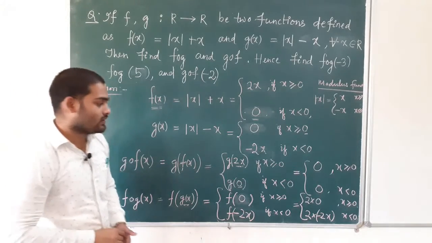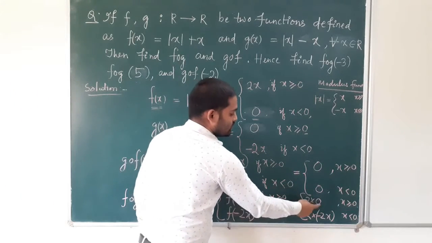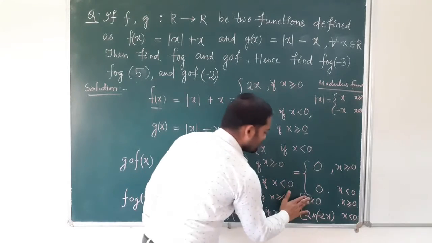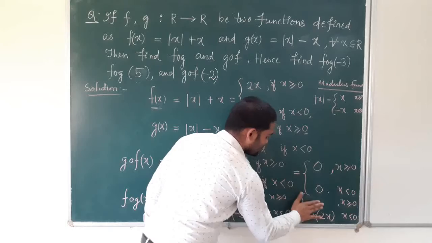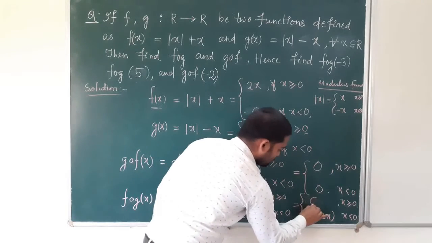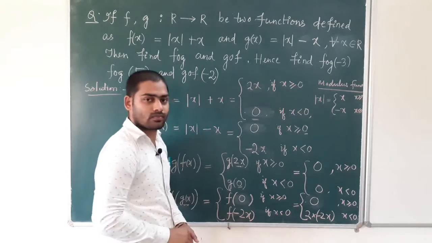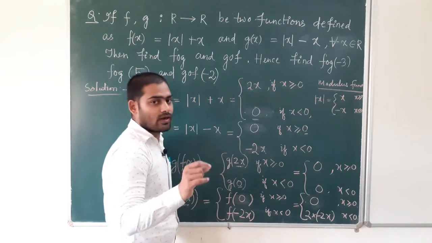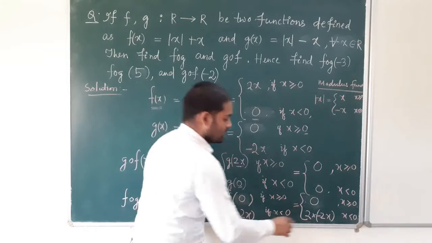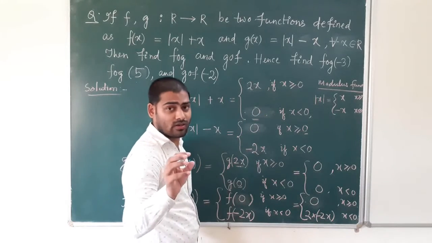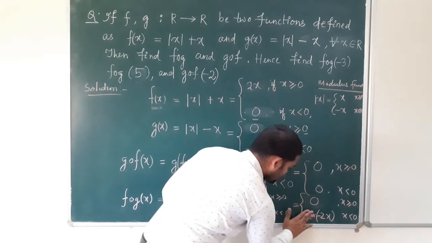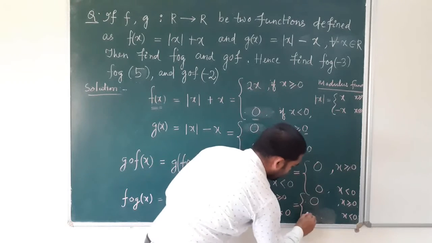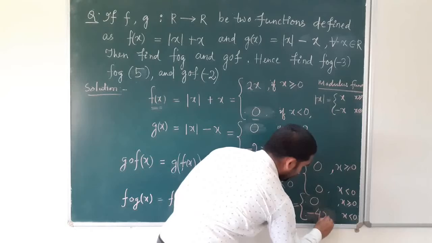And you know 2 into 0 is 0. And 2 into minus 2 is minus 4, and x, minus 4x. So you can write minus 4x.